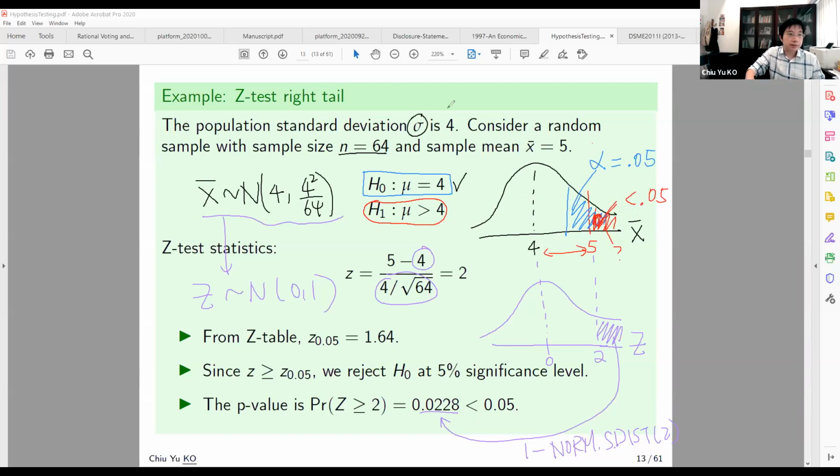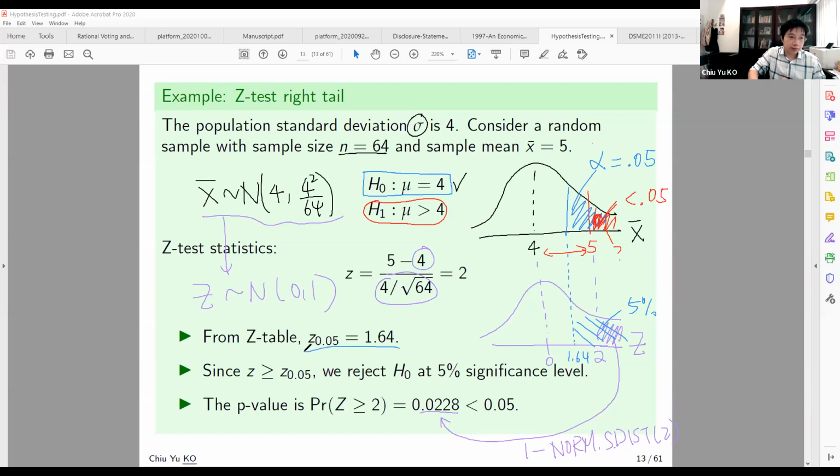Alternatively, sorry for the mistake, you can look at the blue area, and if you want 5%, this is 1.64.